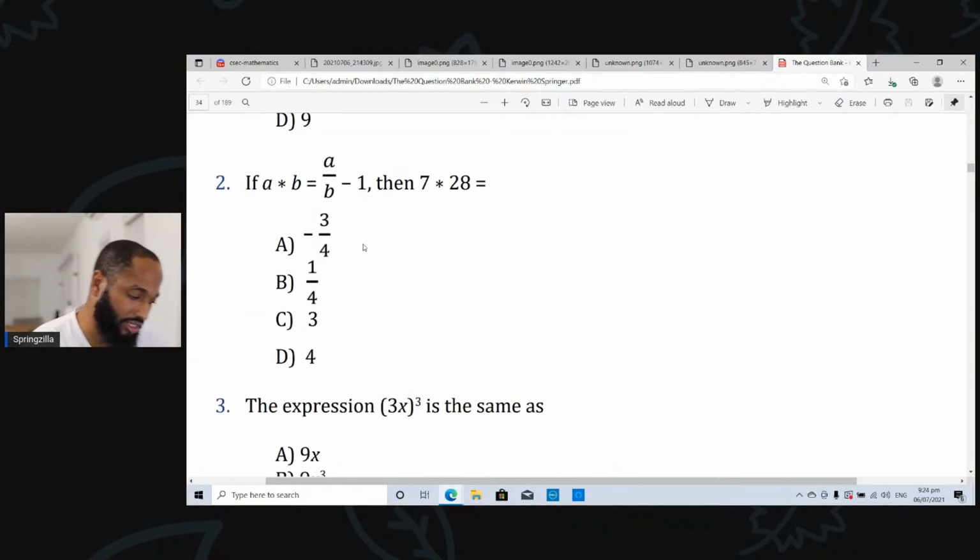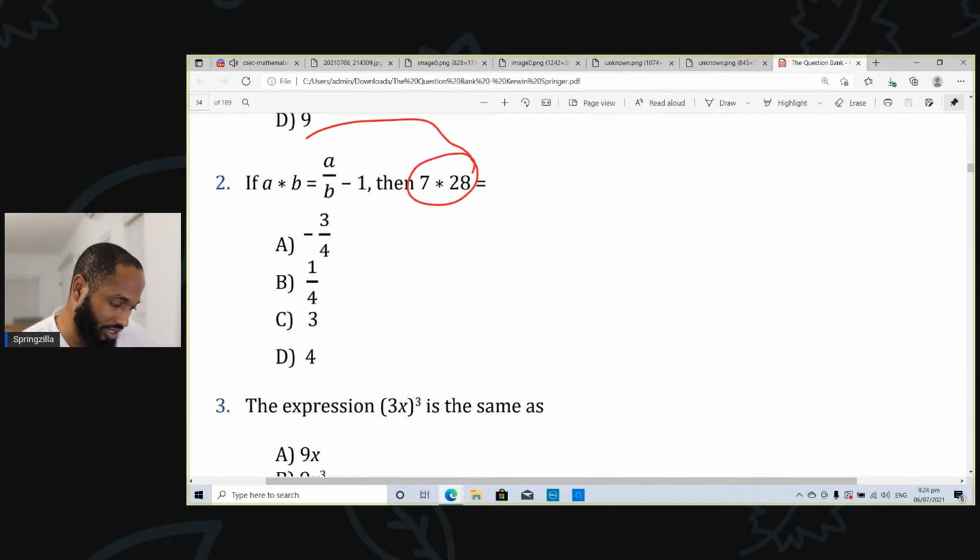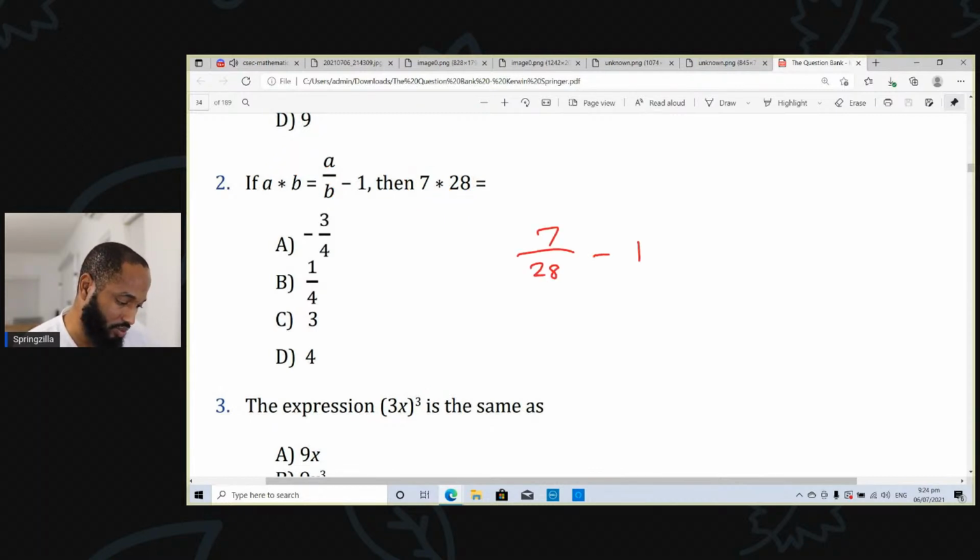If A star B is another one of these, then 7 star 28, put the 7 there, put the 28 there. Right, so 7 here, 28 there. 7 over 28 minus 1.